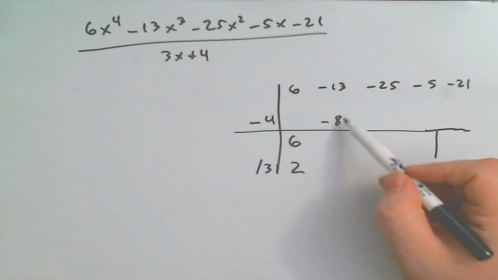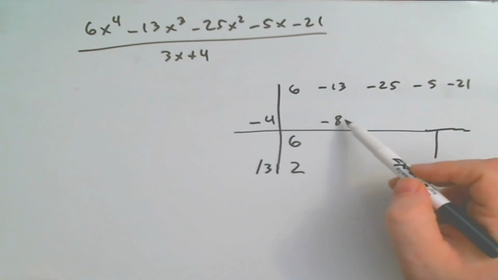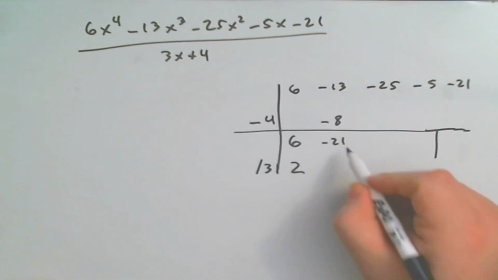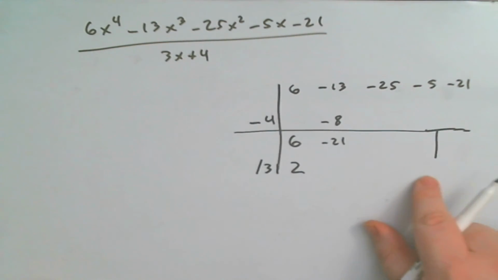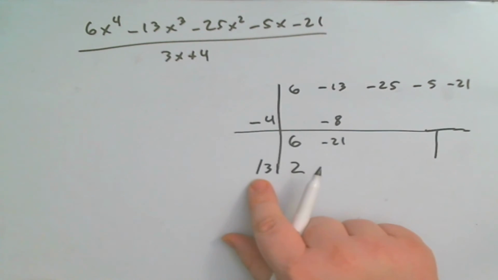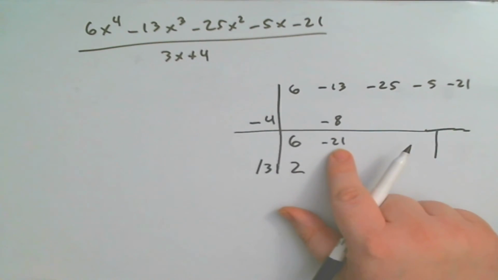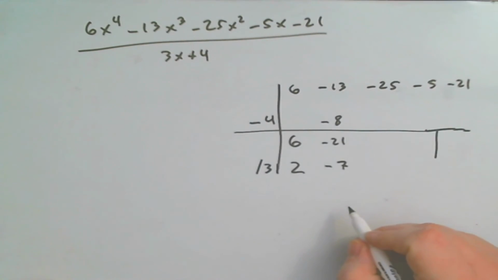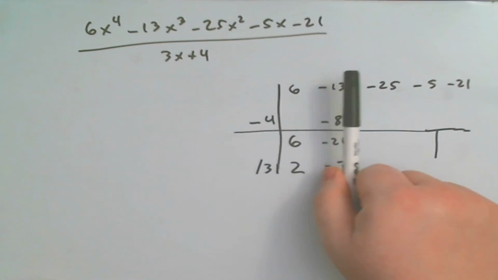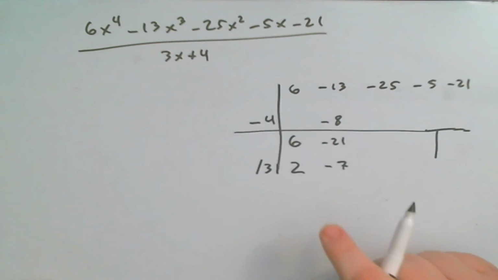I then add this column up, so negative 13 minus 8 gives me negative 21. Again, then divide by 3. So this second row down here is being divided by 3. Negative 21 divided by 3 gives me negative 7. Again, nice clean columns. Make sure we keep our clean columns.